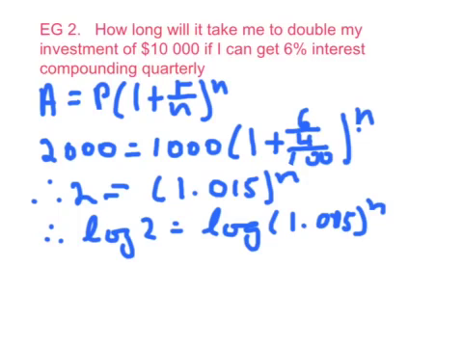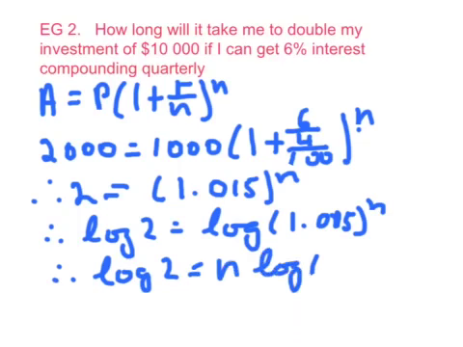And now I can make use of a log law, which you should remember from year 10. Log 2 equals n times log 1.015. Now, what I can do is divide both sides by log 1.015, and you'll see when I do that I'll have n by itself.